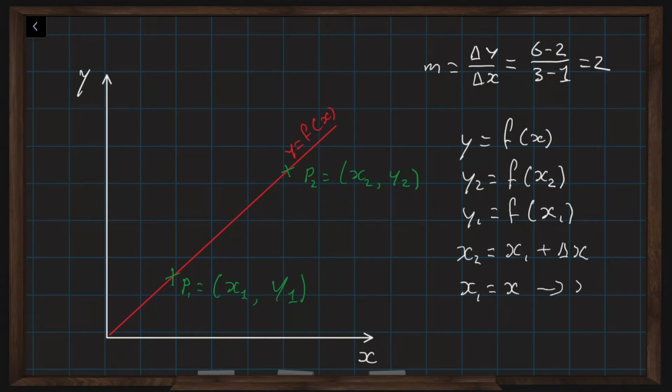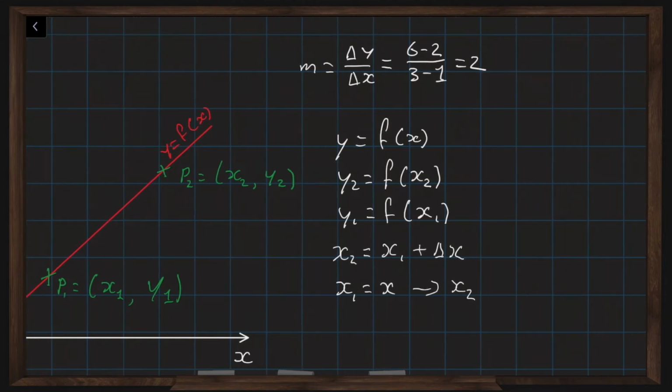And then it follows that x2 is going to be equal to x plus the change in x. And we can go back up and we can say that y1 is then equal to f evaluated at x, and y2 is equal to f evaluated at x plus delta x.